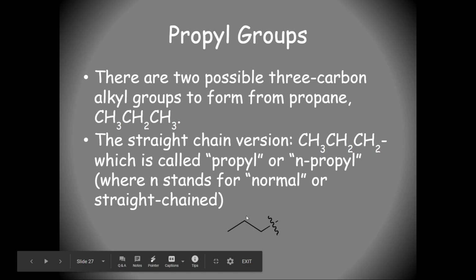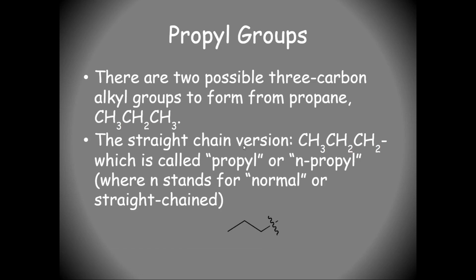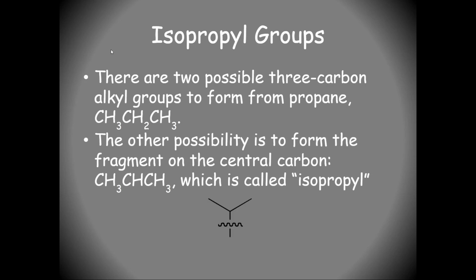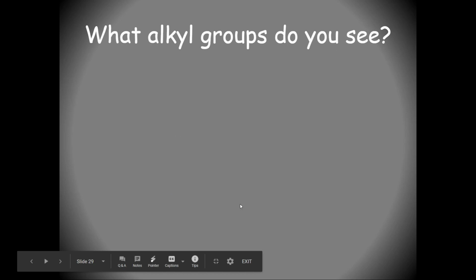We also have the isopropyl group, where the center carbon is the breaking off point. So for a propyl group, you can either have a straight chain one, known as n-propyl or propyl, or the isopropyl, where we have this divergence in the middle.